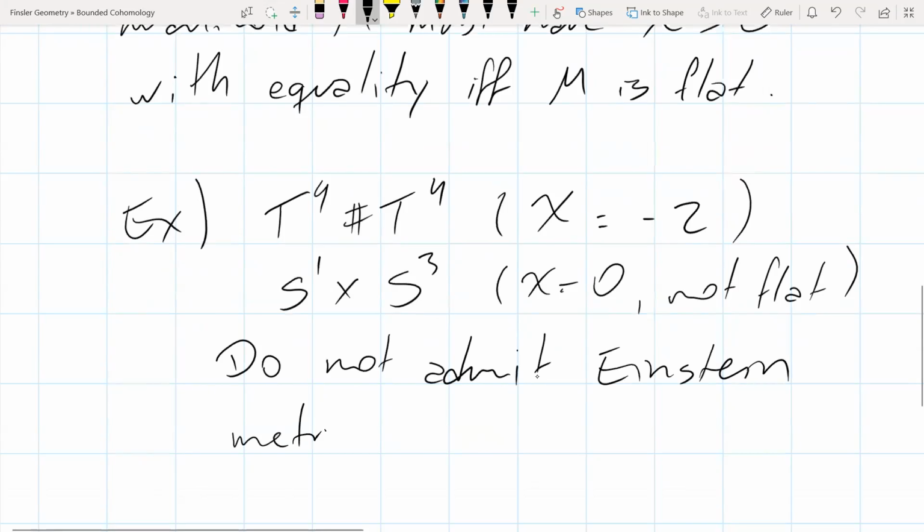Why? The way I was convinced was actually by a theorem by Bieberbach, saying that any compact flat manifold can be finitely covered by tori.